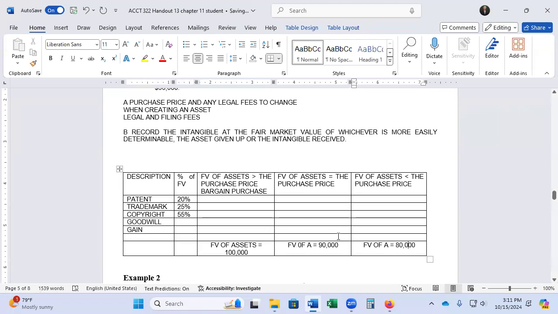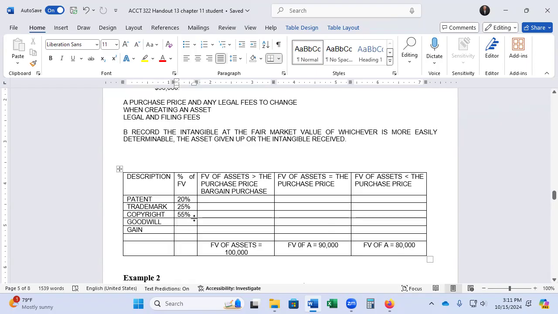And you paid 90,000 for the assets. I just had to make this problem up, as you can see from the directions. So I just put in, okay, patents are 20%, trademarks are 25%, and copyrights are 50%.